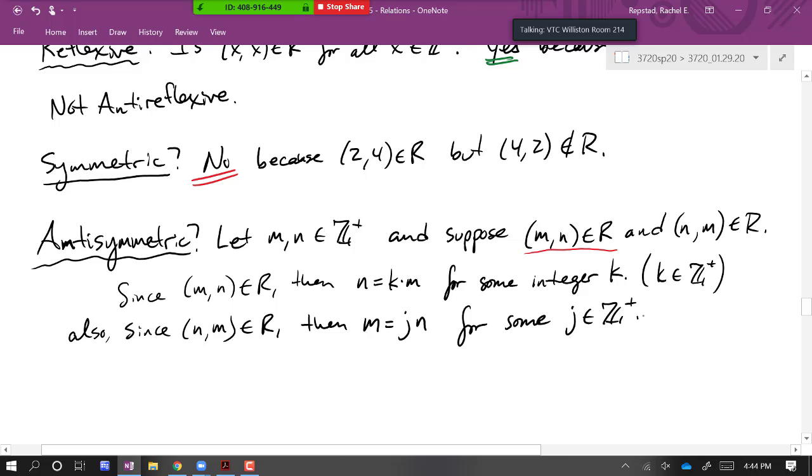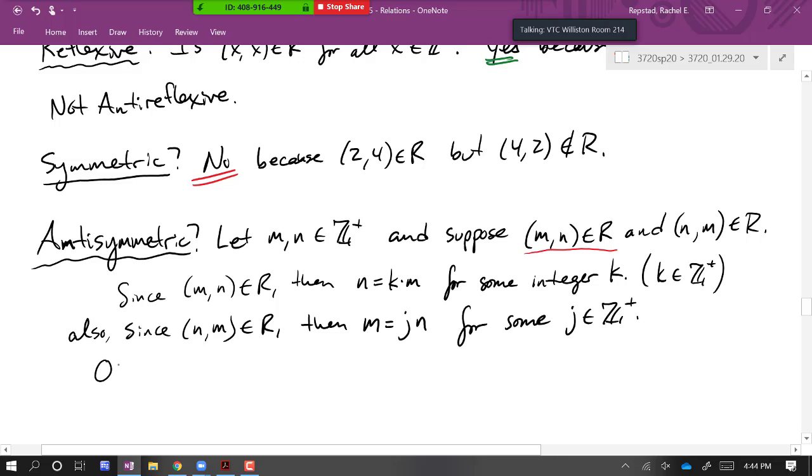This is what we get just by using how the relation's defined, right? We suppose m is related to n, and that gets us this first line. So if n's a multiple of m, I can write n as k times m. If n is related to m, then m's a multiple of n, so I can write m is equal to j times n for some positive integer j.